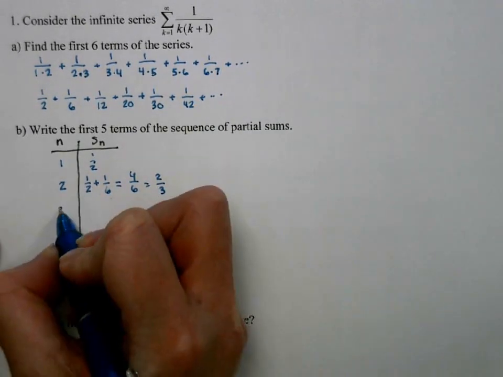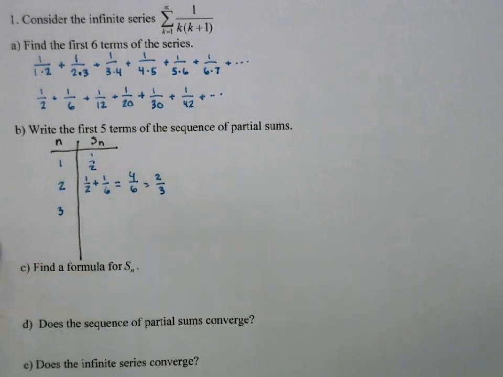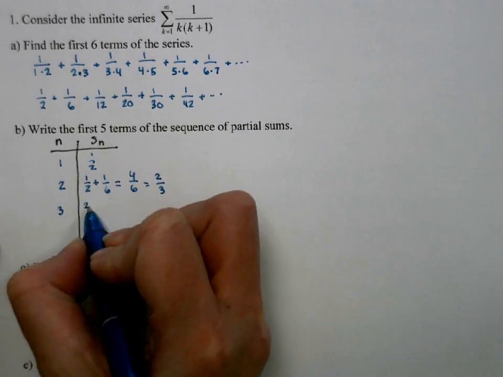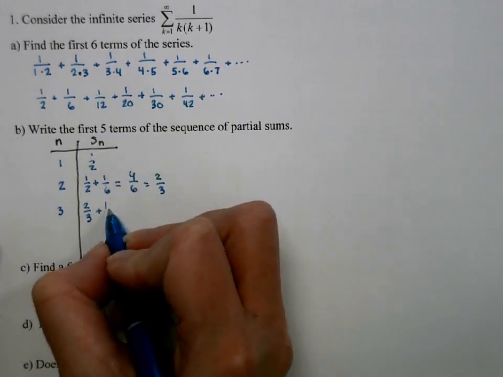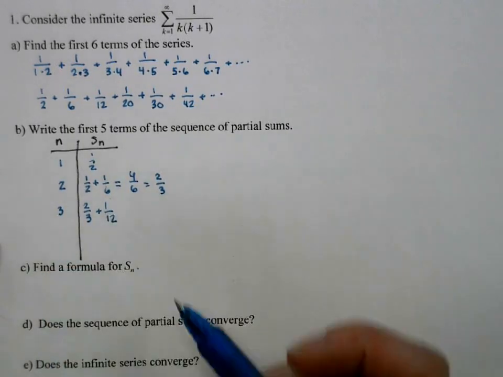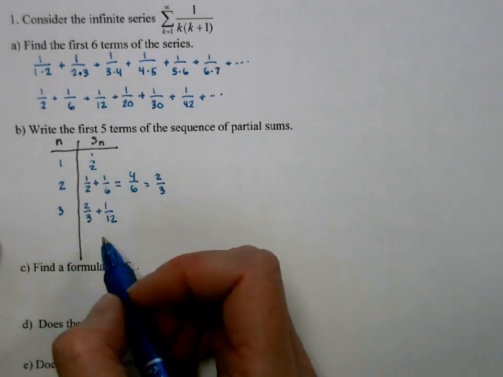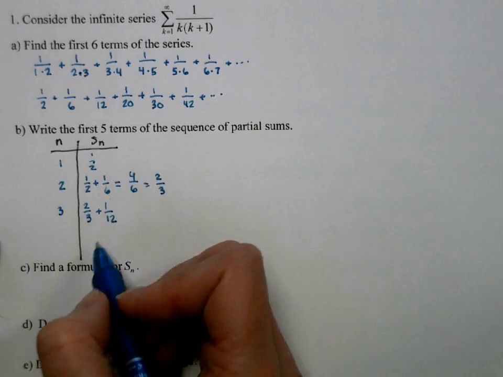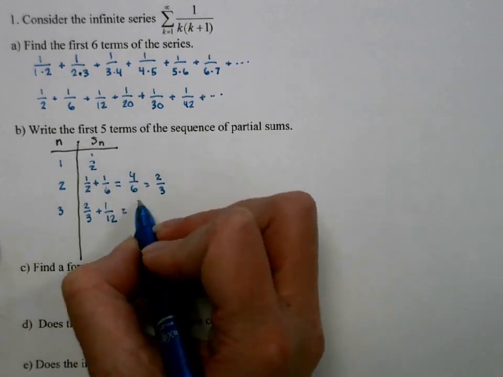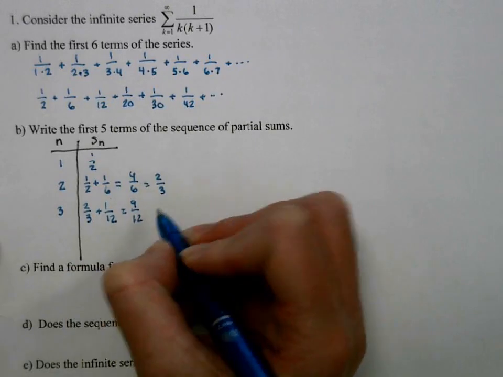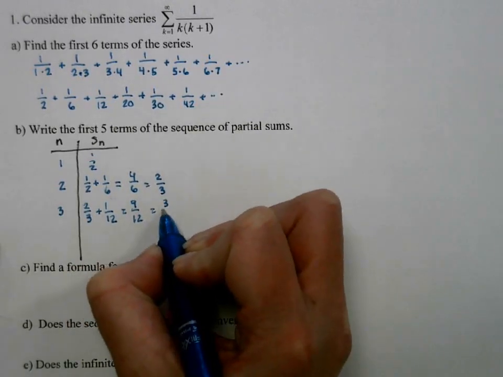The third partial sum, we're going to take that and just add on another term. The next term is 1/12. If I get a common denominator, multiply this by 4 and get 9/12, which reduces to 3/4.